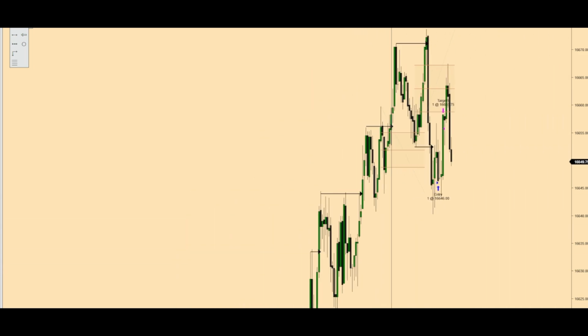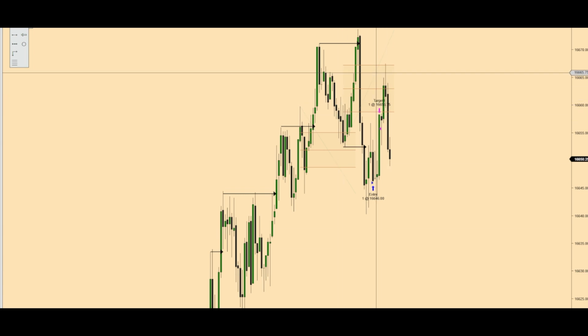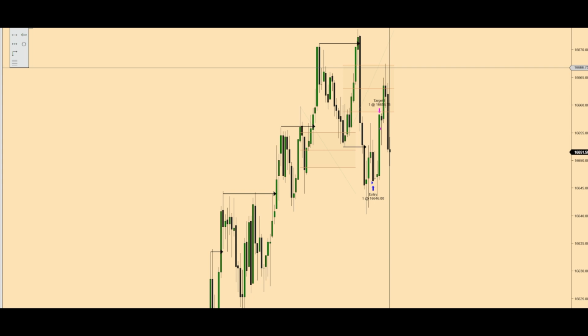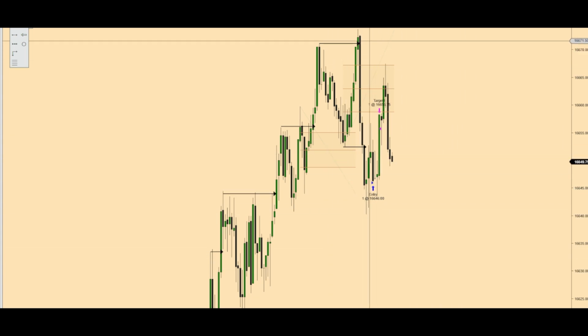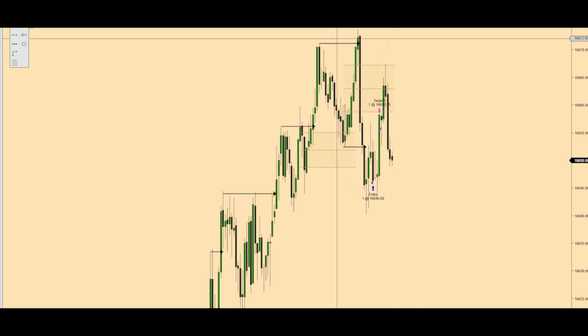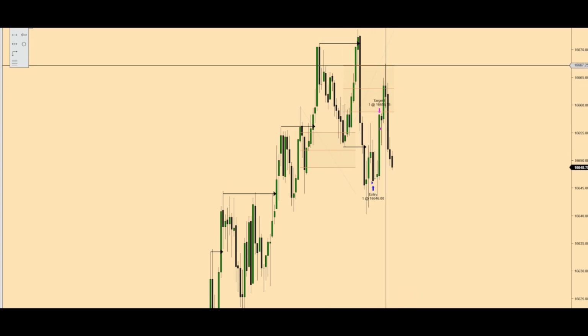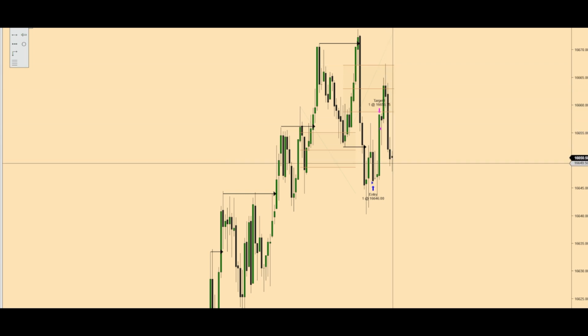And then looks like this short also paid 1-to-1. And so that's another reason why you don't always have to aim for the highs. If I was aiming for the highs there, I would have almost got there, got excited, and then get stopped out if I put it to almost break even or whatever.